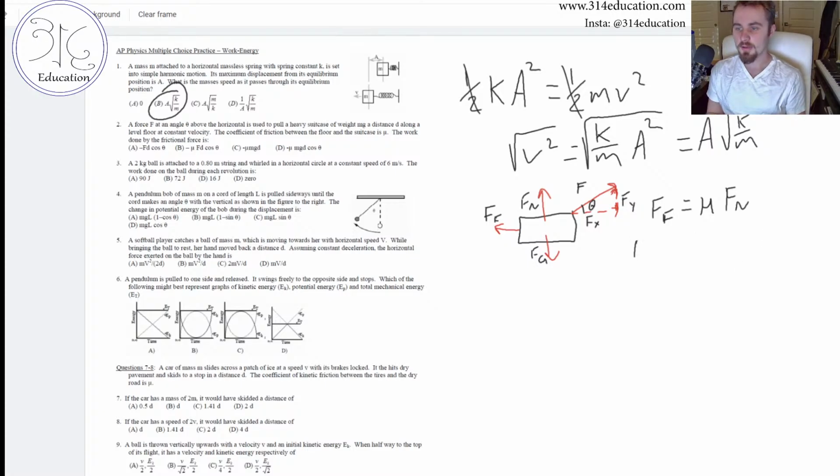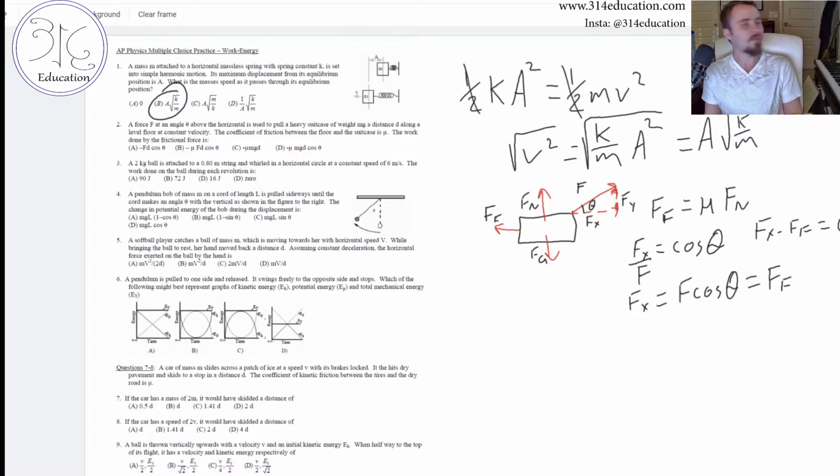The x component is Fx over F, adjacent over the hypotenuse, so that's the cosine relation. So we can bring that through as F times the cosine of theta, and we expect this to equal our friction force due to Newton's second law, from the case that Fx minus Ff is equal to 0.